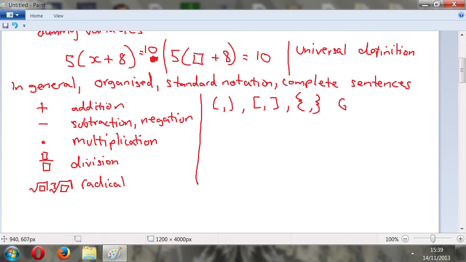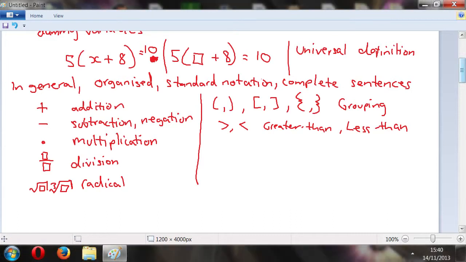They are ways to group together various numbers or variables in a coherent way. Also, if we're dealing with inequalities, we might have greater than, and less than. So that's another thing that we might be dealing with.